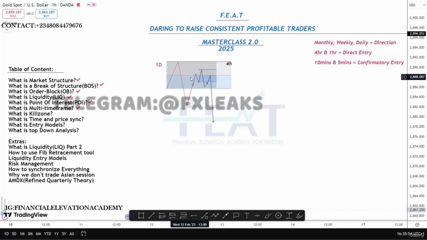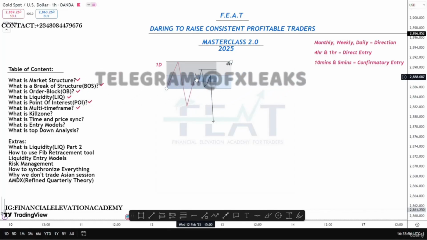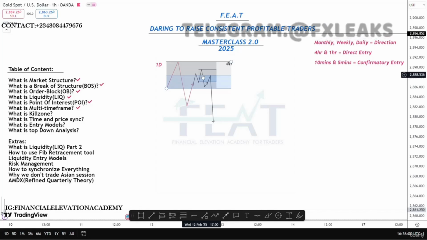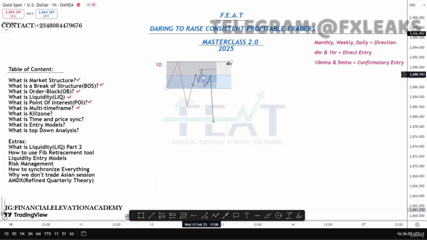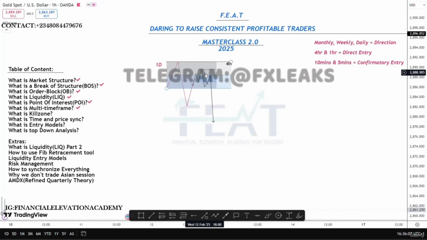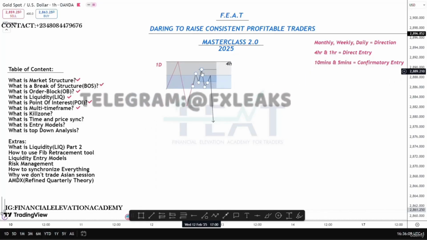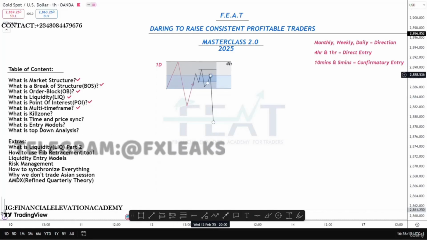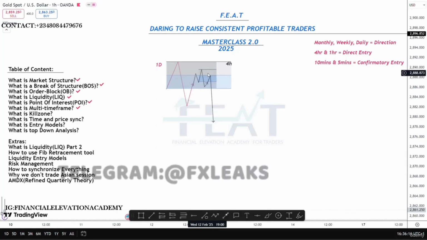So this is what we call multi-time frame synchronization, meaning the level at which price is currently giving a reaction to possibly sell from is also in synchronization with the daily level and the 4 hours level, making it a high probability point for price to tap into and react.